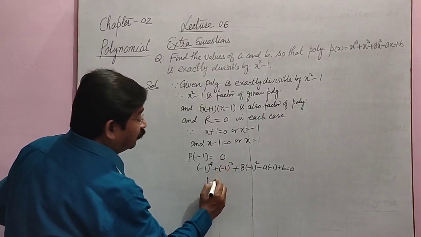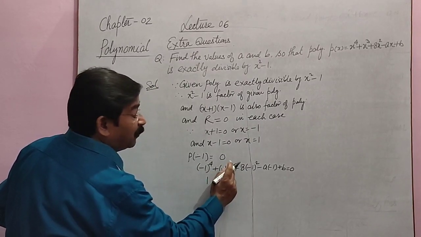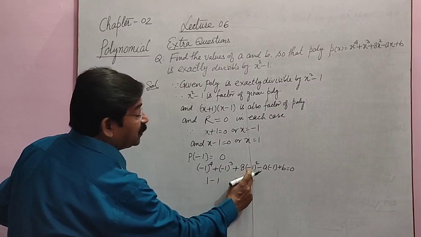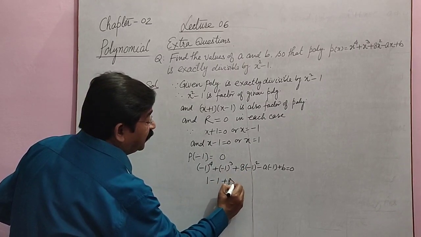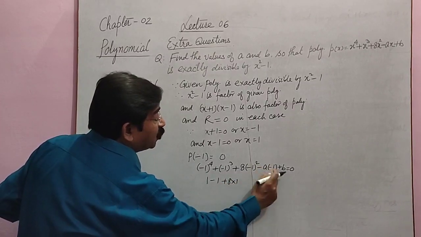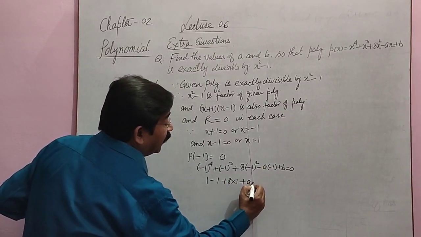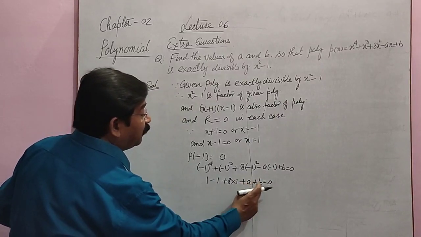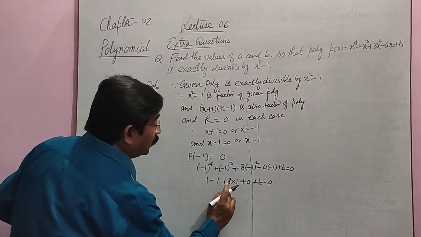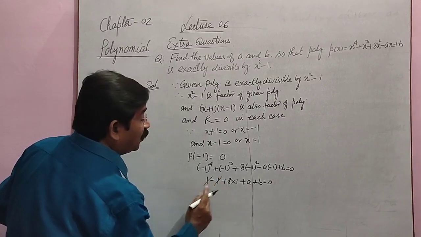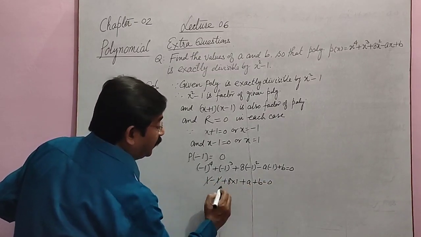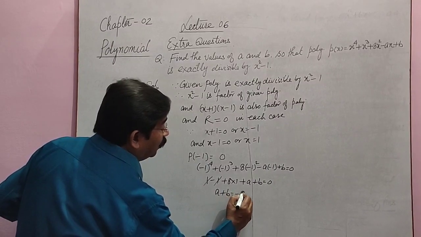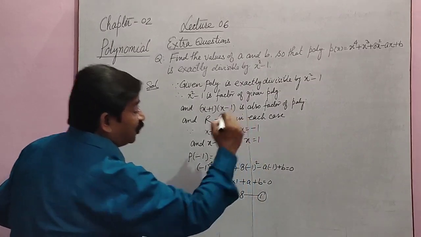Minus 1 to the power 3, it is odd power, so minus 1. Minus 1 square is plus 1, plus 8 into 1, minus into minus is plus a, and plus b is equal to 0. So what we have? Set this, minus 1 plus 1 gone, this plus 8 will go to the right. So a plus b is equal to minus 8. Let us call this equation number 1.